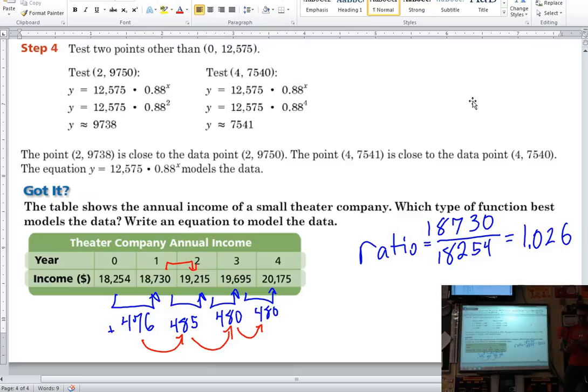That gets 1.02, and if I round, 6. So my next one was 1.026 rounded. If we try one more to check, 19,695 divided by 19,215, we get 1.025 if we round.